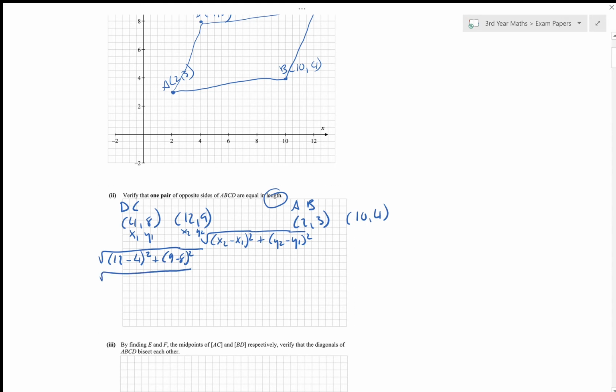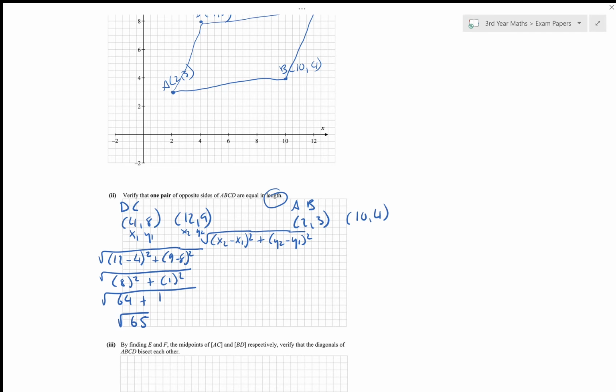You simplify what's in the brackets. So 12 minus 4 is 8 squared, plus 9 minus 8 is 1 squared. 8 squared is 64, 1 squared is 1, so that gives me an answer of the square root of 65. Now, when you put the square root of 65 into your calculator, it does not give you a whole number, so just leave it as the square root of 65.